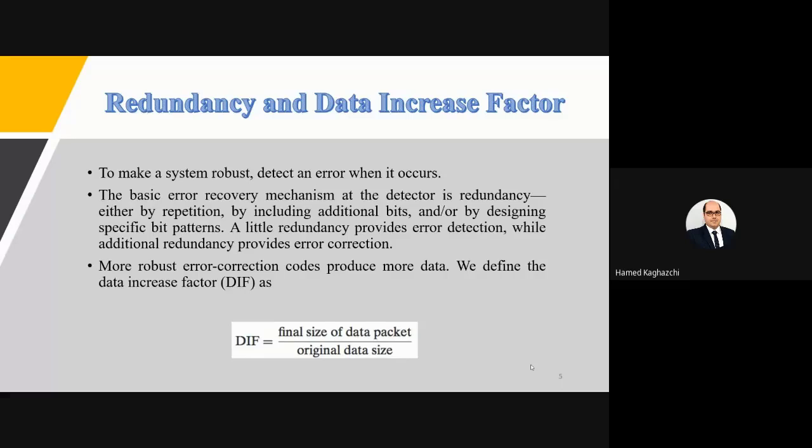Now, for having a robust system, we have to detect the error, and also if the system requirements demand it, we have to correct it. So the basic error recovery mechanism at the detector is redundancy, either repetition by including additional bits or designing specific bit patterns.